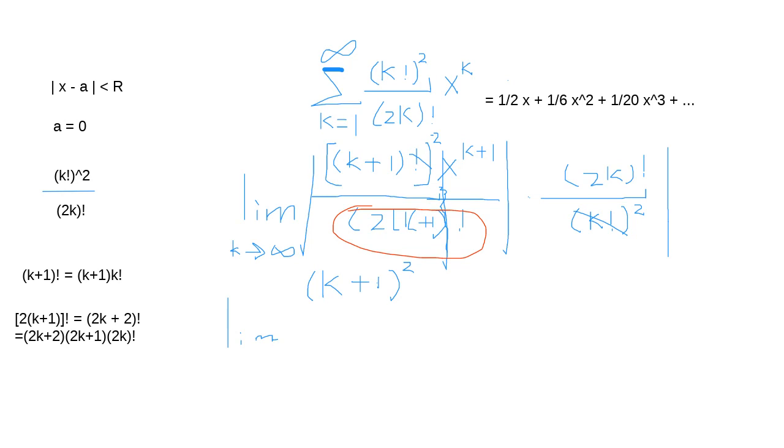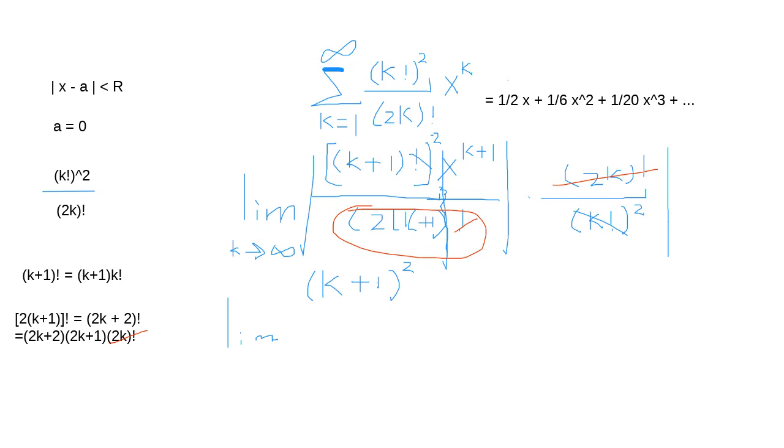Okay, because we have 2 times k plus 1 factorial, we distribute 2, so we have 2k plus 2 factorial. And 2k plus 2 factorial can be written as 2k plus 2, the next one is 2k plus 1, then the next one is 2k factorial. Then we see 2k factorial in the denominator cancels out with the numerator 2k factorial.